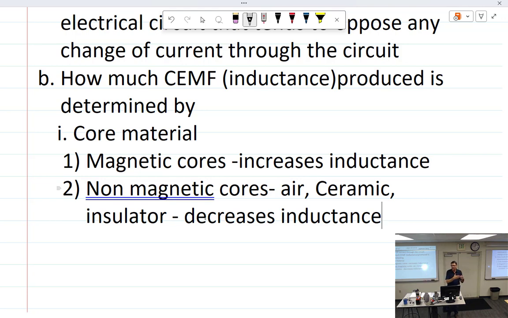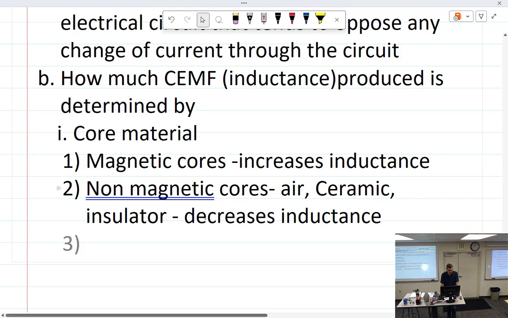They create their own circular pattern around it, which amplifies the magnetic field going around the inductor and causes the inductance to increase. So core material plays a big part in this.